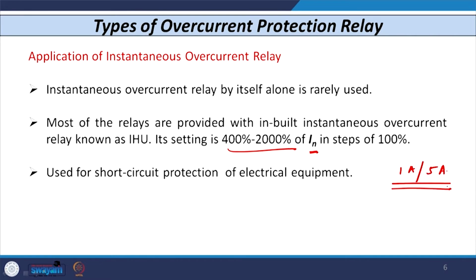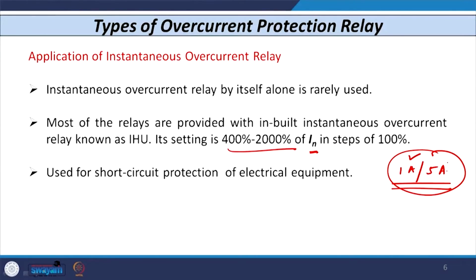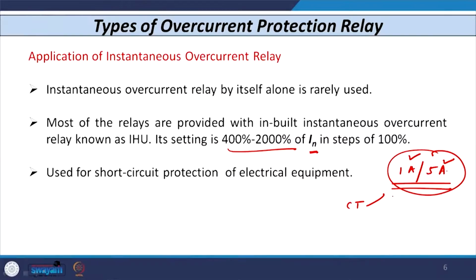This is standard: whenever I connect any relay across the secondary of a CT, with the 2 terminals S1 and S2 as I explained earlier, the rated current of the relay is always either 1 ampere or 5 ampere. So, this is standardized. Whenever I consider a CT which has a primary side and a secondary side, and the relay is connected on the secondary of the CT, the secondary side of the CT is always matched with the relay rated current.